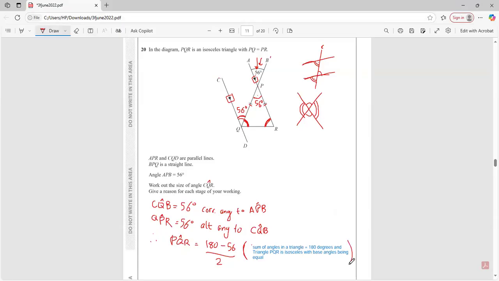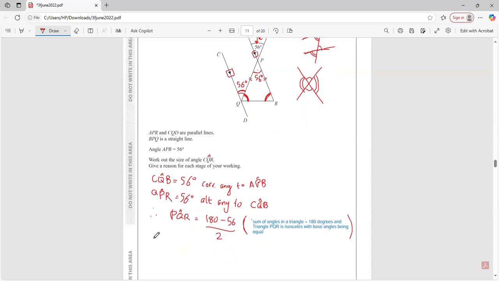So did you get the reason I put down here? The sum of angles in a triangle being 180 degrees. That's what made me say 180 minus 56. Now I'm dividing it by 2 because the base angles are equal. So just get the difference and then divide it by 2. So you're good with that, right?